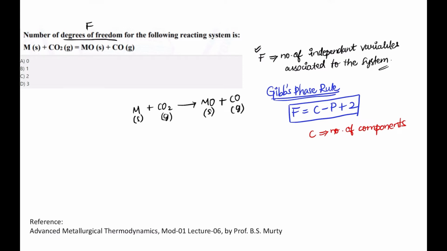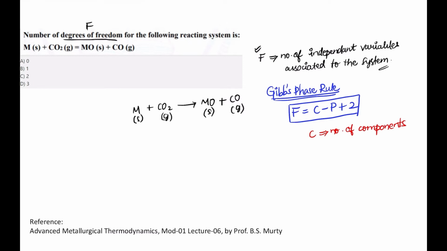If we have two components, let's say solid solution of copper nickel, we have two components, copper and nickel. So there we say it is a binary system. If they are three, we call it a ternary system. If the number of components are four, we call it a quaternary system. So these are well defined based on the number of components.